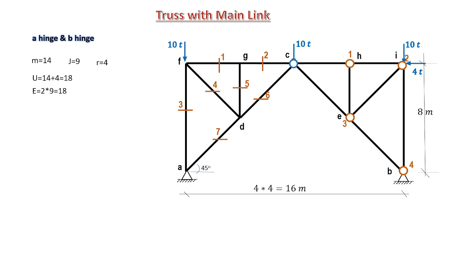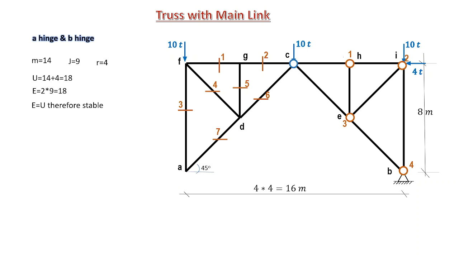Our equations are 2 multiplied by the number of joints. This is because at each joint we have 2 equilibrium equations: sigma forces in the x direction equals 0 and sigma forces in the y direction equals 0. Since the equations equal the unknowns, our structure is stable.